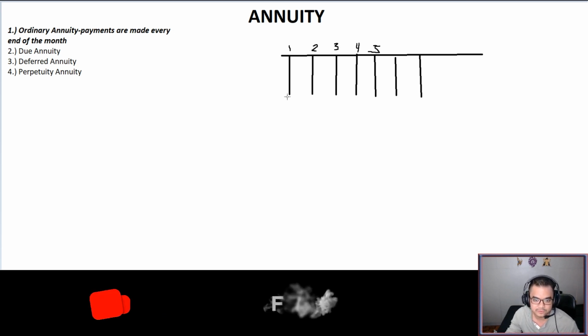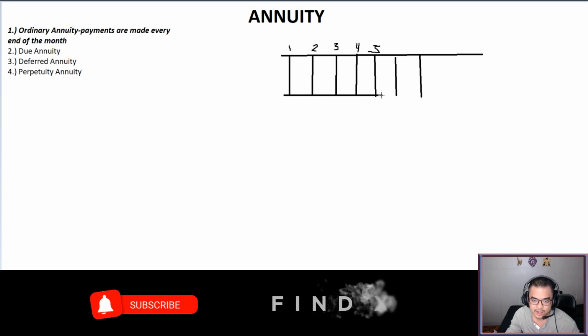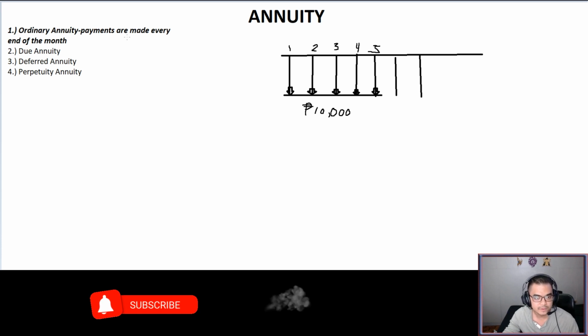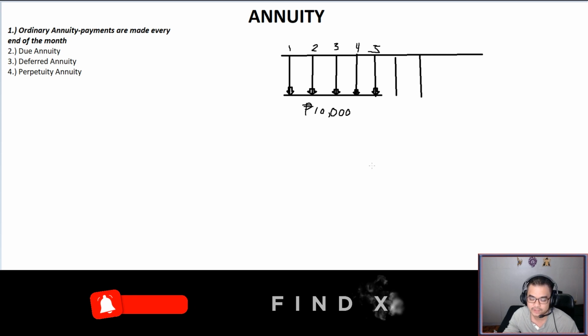This is what it's going to look like: you will have a payment here, and here, and all of these, which means that I am paying 10,000 for the whole 5 years. That is what the cash flow diagram looks like for an annuity.